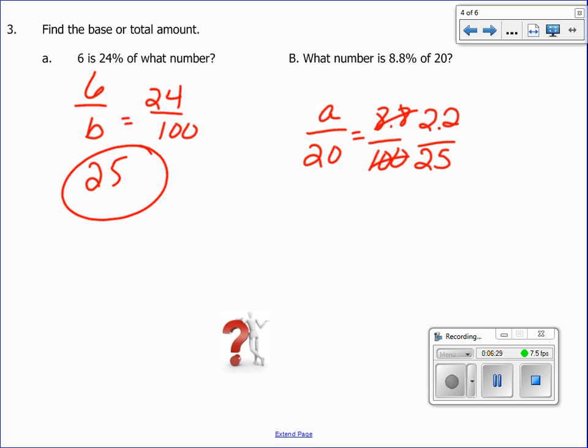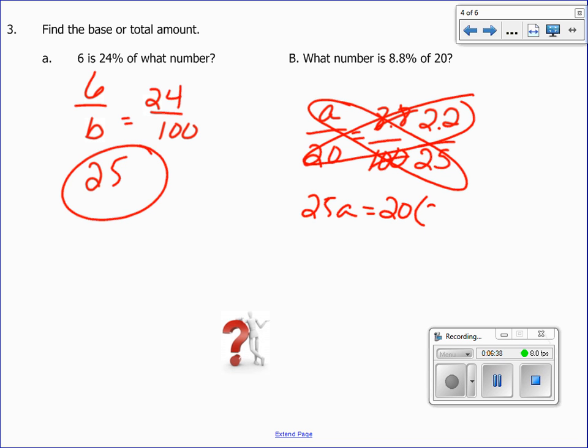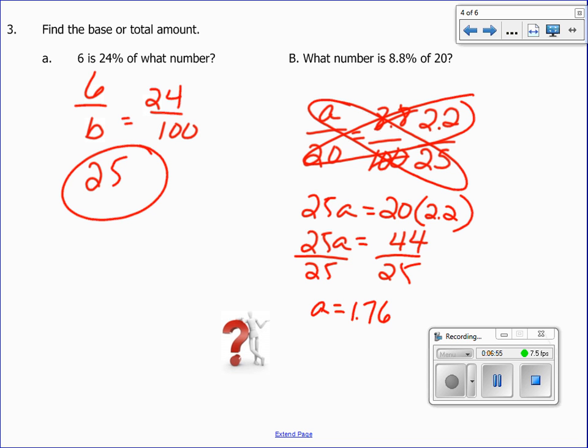Now, you can cross multiply. 25a is equal to 20 times 2 2/10. 25a is going to be equal to 44. Divide each side by 25. A will equal 1 76/100. I'm going to make sure that makes sense. 1 76/100 out of 20 would be 8.8%.